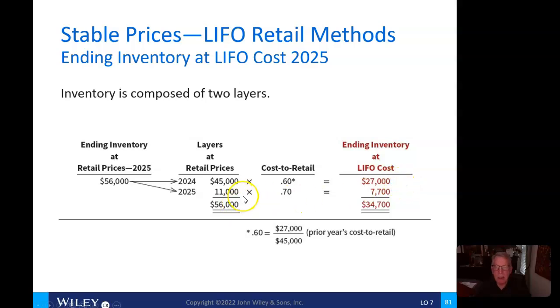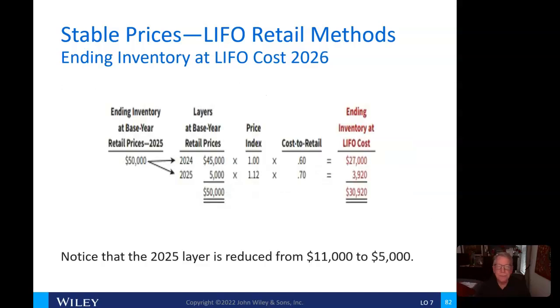But then we have layers. We had 11,000 at 70%, gives us $7,700. So our ending inventory at LIFO cost is going to be 34,700. A little complex there, but I think with a little practice, you can see what they're saying.